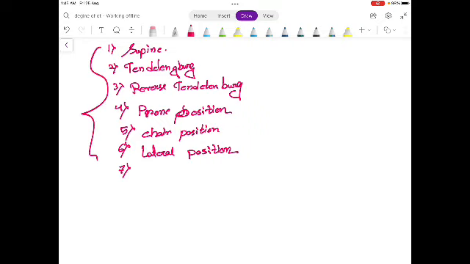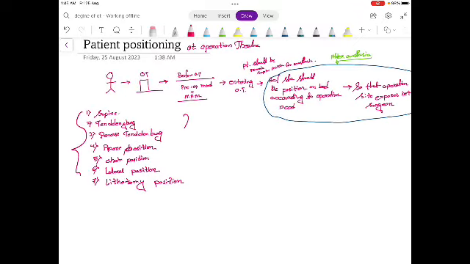So here we take a look at six and a couple of positions. That is lithotomy position, right?